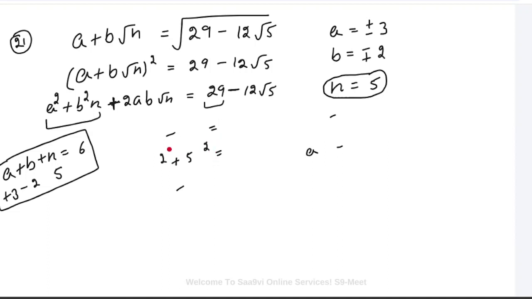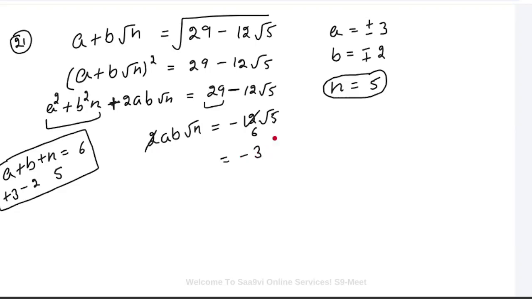How can we increase it? To increase the value of n, as we said, 2ab root n is equal to minus 12 root 5. This is 6. Let's bring one more 2 inside. That means I can write it as minus 3 root 20. That is ab root n. Now here the value of n straight away jumps to be 20.